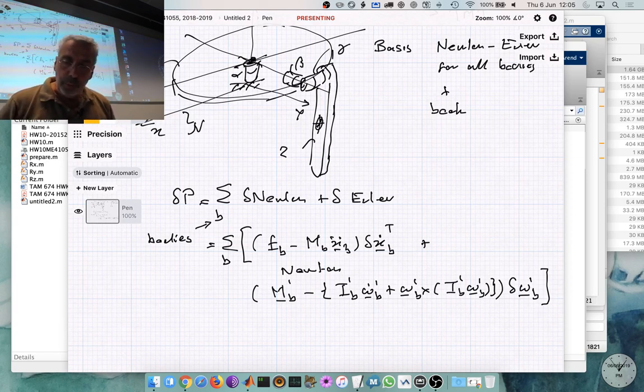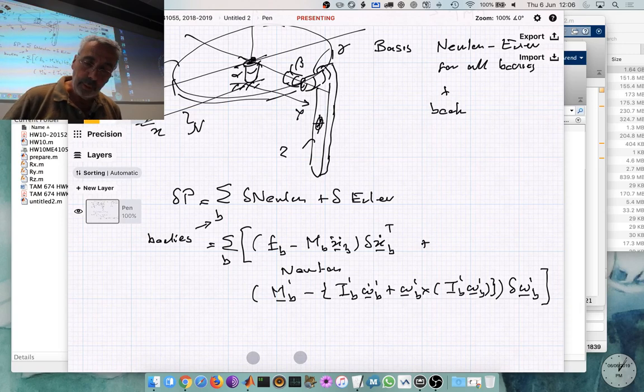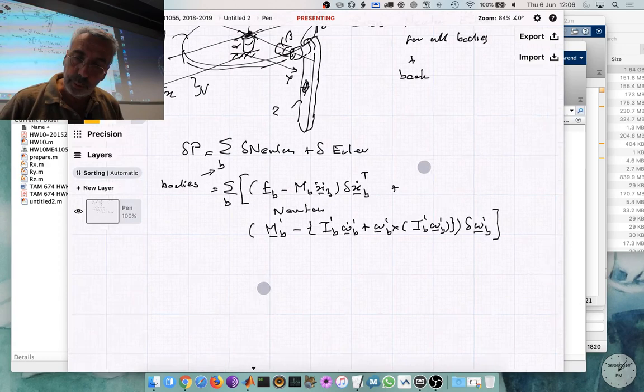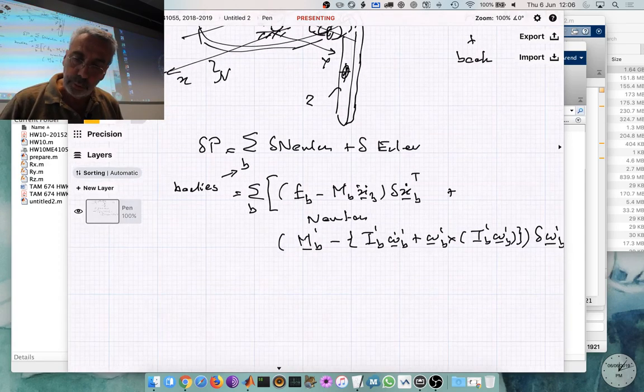So what do we need? Well, we need expressions for our virtual velocities and acceleration of the center of mass, and for our virtual angular speeds and our angular accelerations. Okay, so let's start with the Newton part.